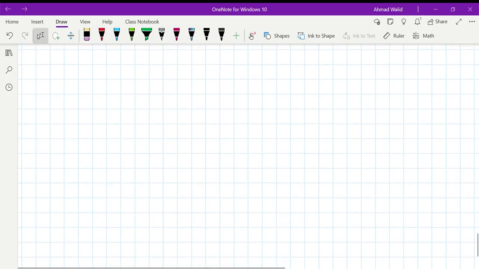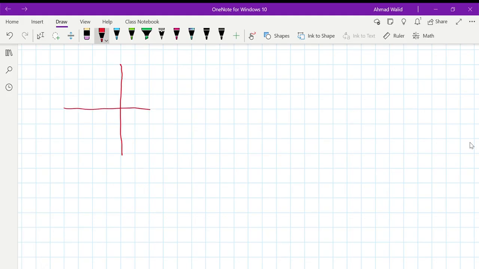I'll give you a few examples. I'll draw. First, let's draw our XY axis, correct? All of us are in Math 36. We know the coordinate system of XY and how to draw it. This is your x-axis. This is your y-axis.